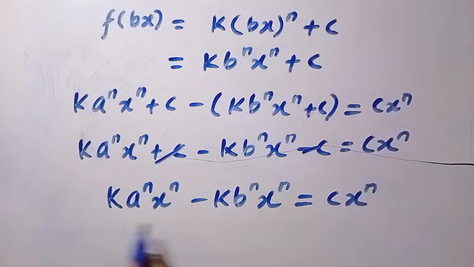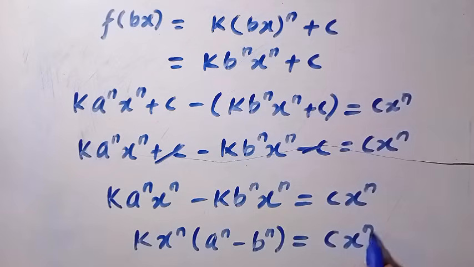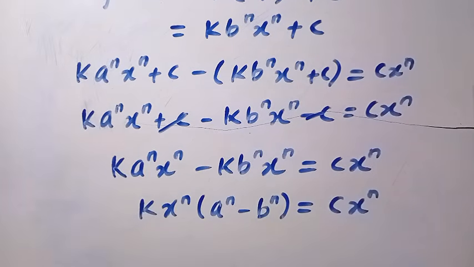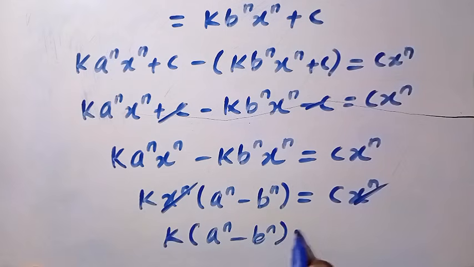Something is common here, which is kx raised to the power n. So by taking out kx raised to the power n, we have a raised to the power n minus b raised to the power n equals cx raised to the power n. Then if x raised to the power n cancels x raised to the power n, supposing they are not equal to 0, then we have k into bracket of a raised to the power n minus b raised to the power n equals c.